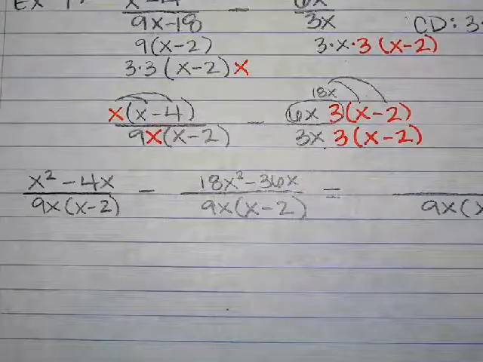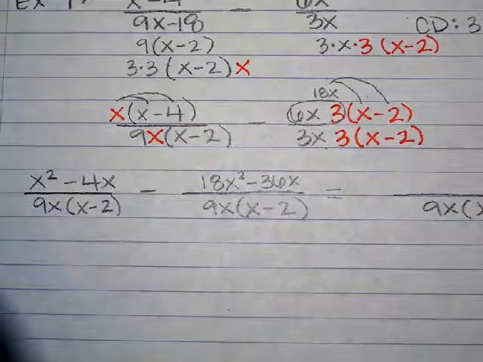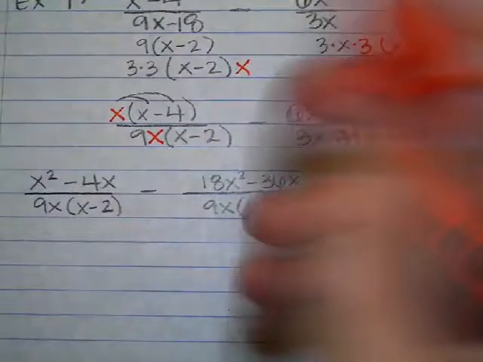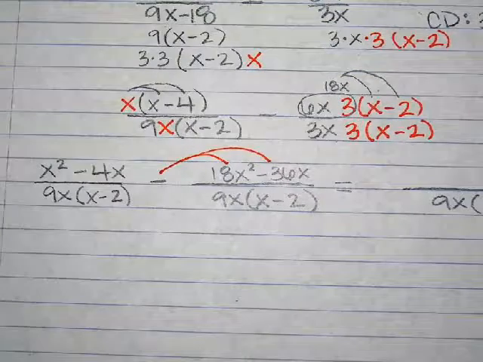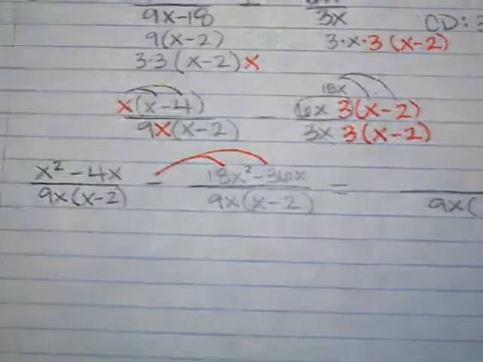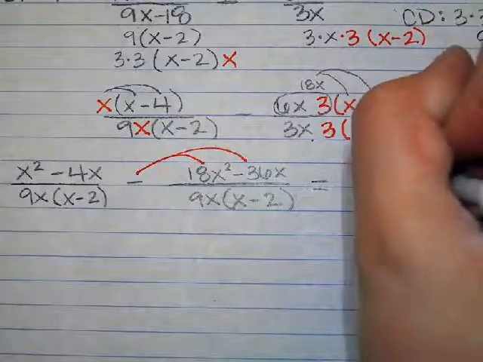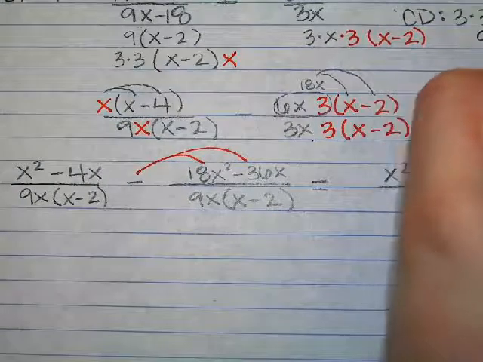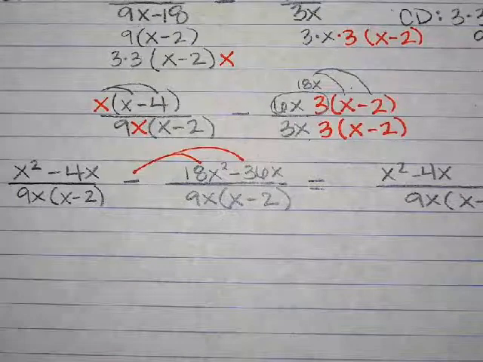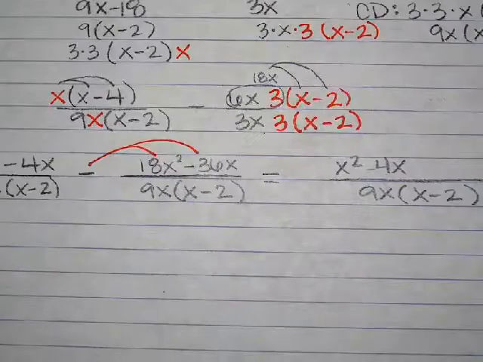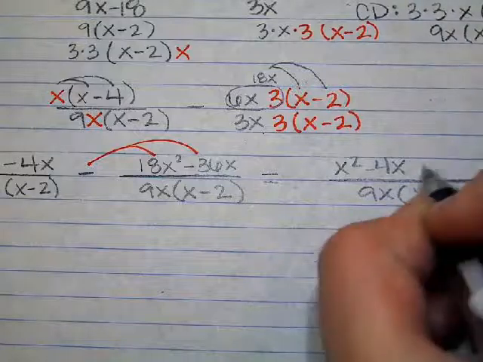And so what should we do next? Yeah, distribute that negative. So keep the x squared minus 4x. And then minus 18x squared.